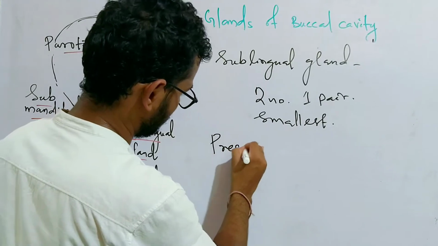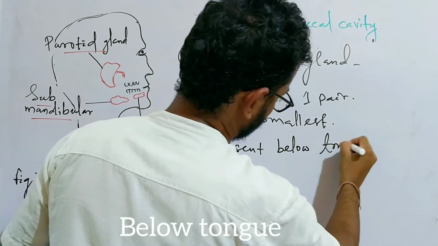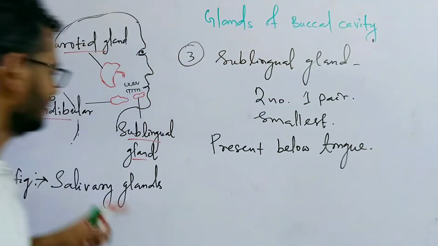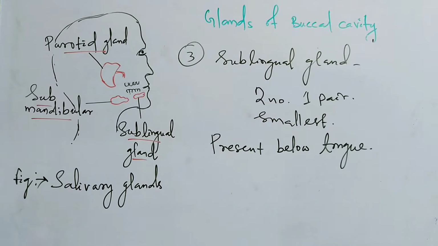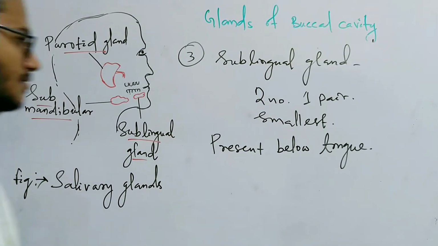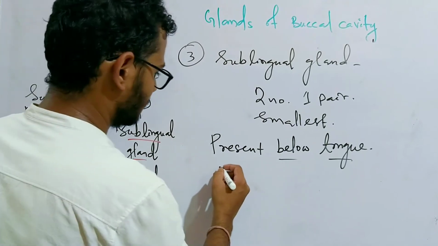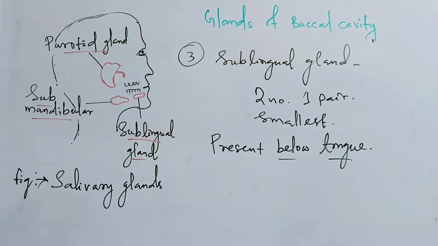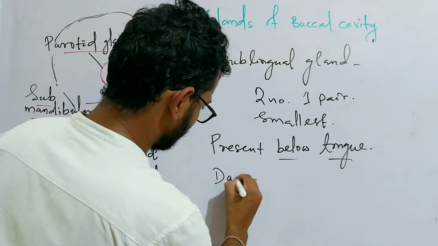You can see in the diagram they are present below the tongue, and they open below the tongue into the buccal cavity with the help of the duct of Rivinus.